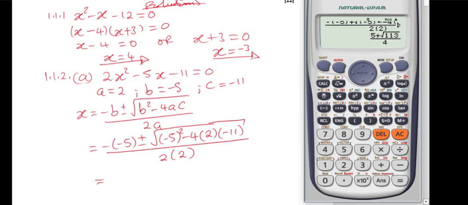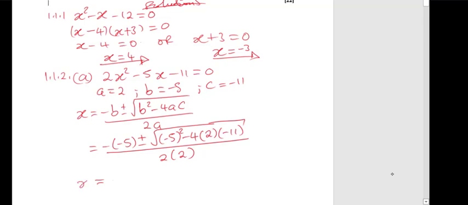Your first answer for x is 5 plus the square root of 113 over 4. Or if you put minus instead, you will get x equals 5 minus the square root of 113 over 4.